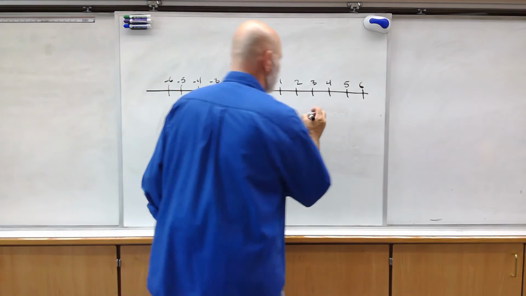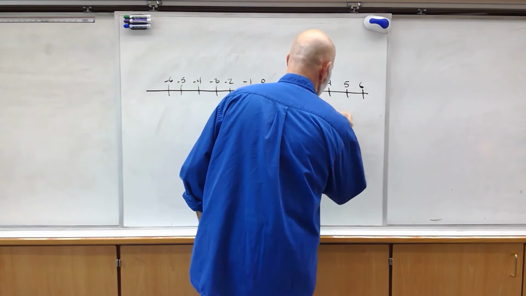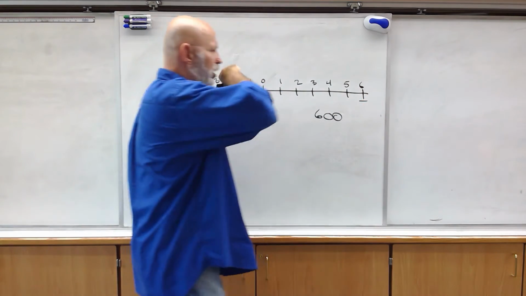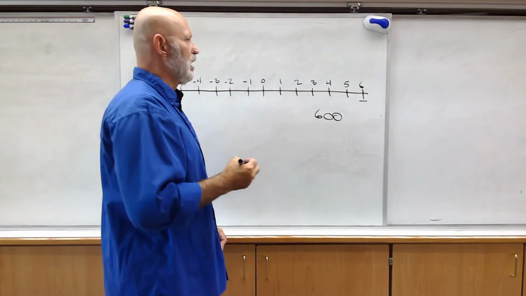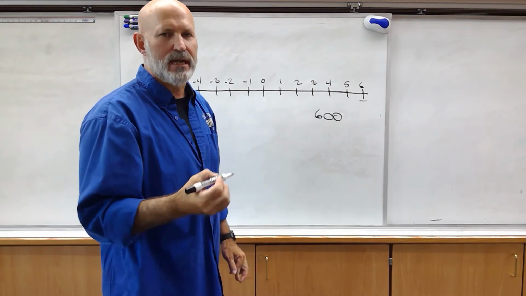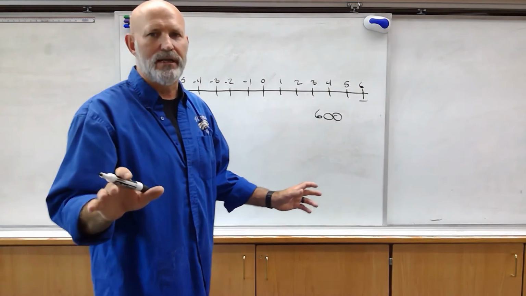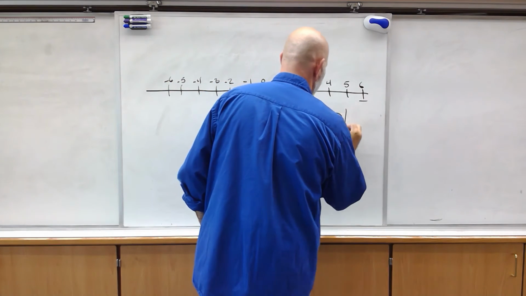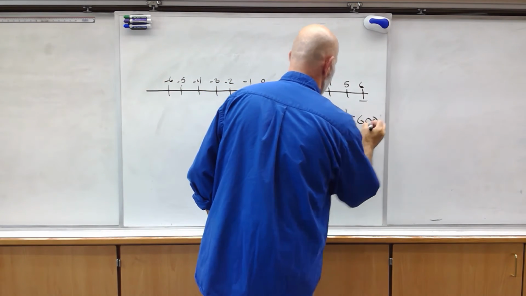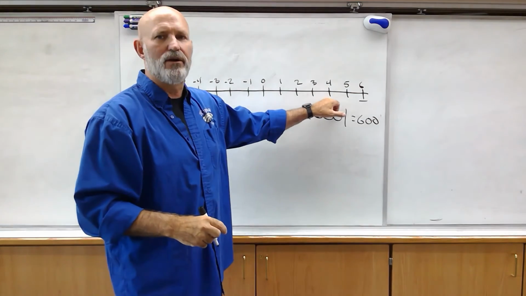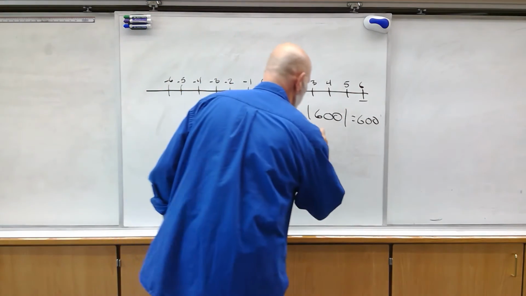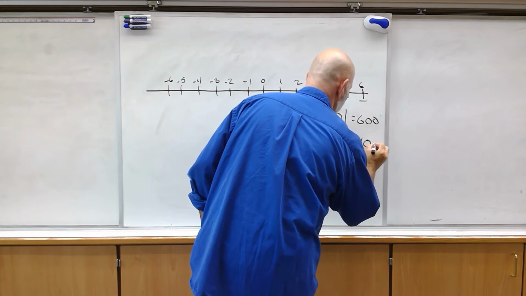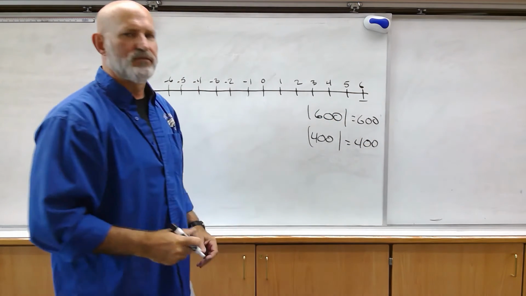Let's say you've got $600 in your bank account, and then you spend a bunch of money and you end up with $400. So you've got 600, the absolute value, and then you check your bank account later, and you've only got $400 in there. The absolute value of 400 is 400.